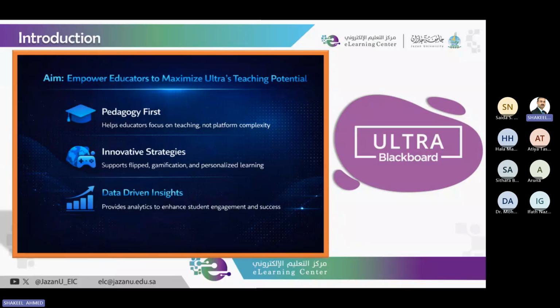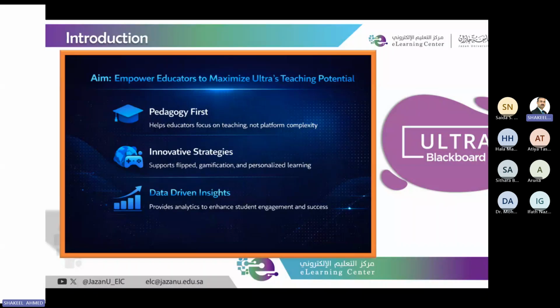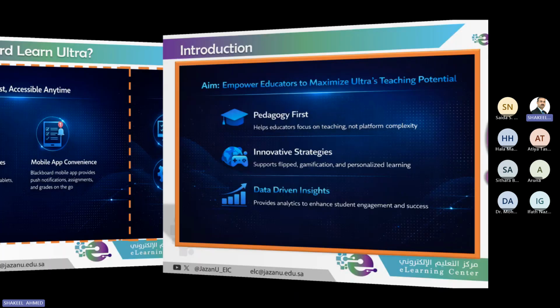It also helps you understand students' progress better. You can see how students are engaging with the course and where they may need support. Overall, the aim is simple: to make teaching smoother, clearer, and definitely more comfortable for you throughout the semester. That is really important for everyone.